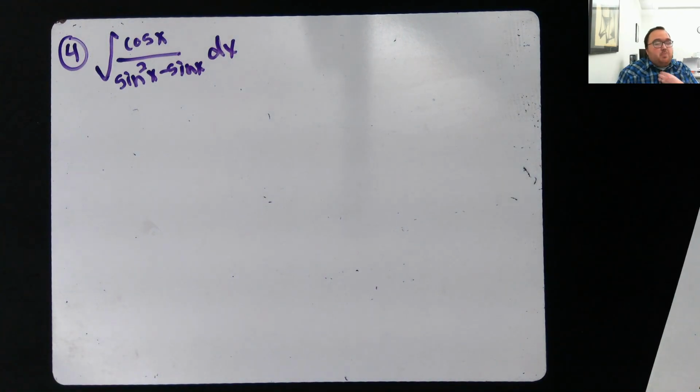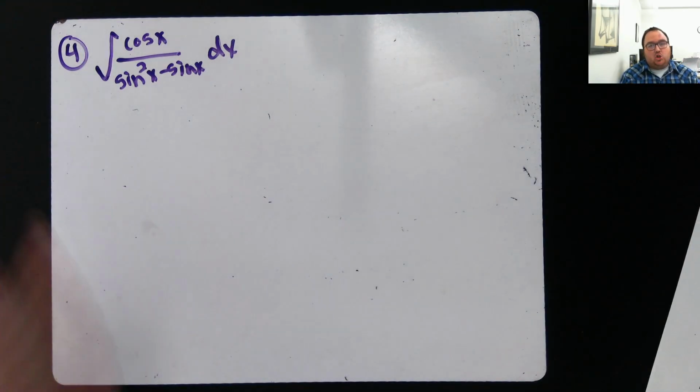Now, at first glance, y'all probably panicked whenever you saw this because it's trig stuff, right? And so, how do you factor trig things, right? But remember, we have a trick to where I can rewrite this so that it doesn't look so bad.